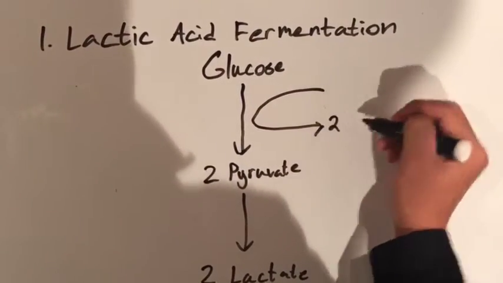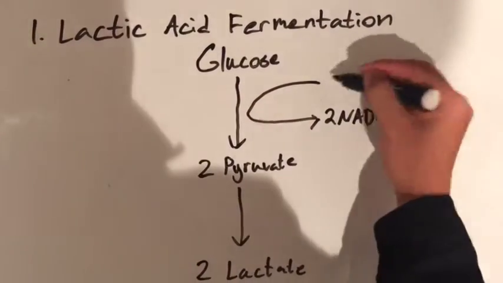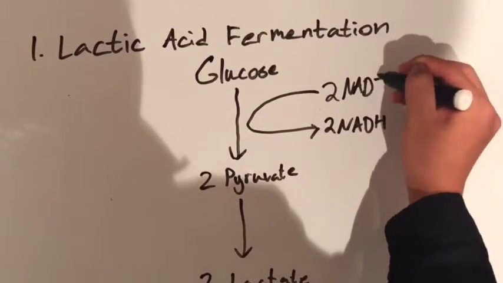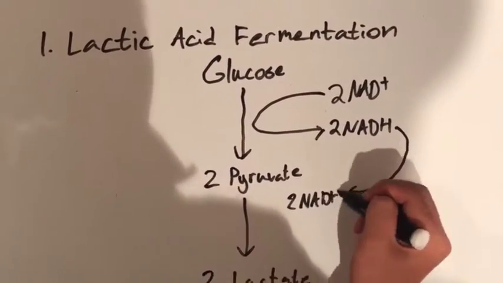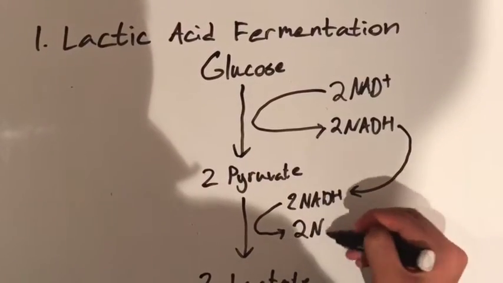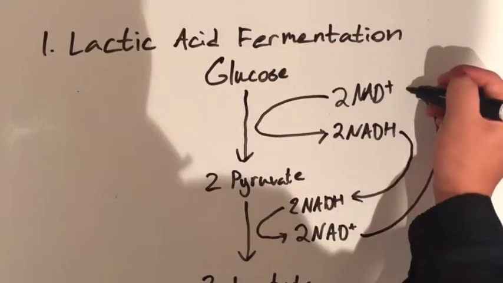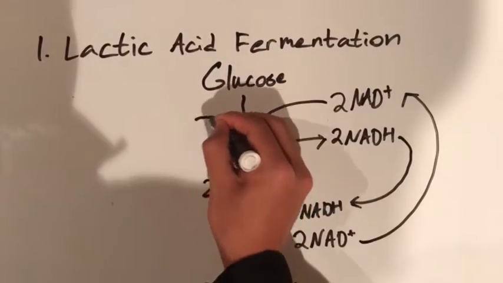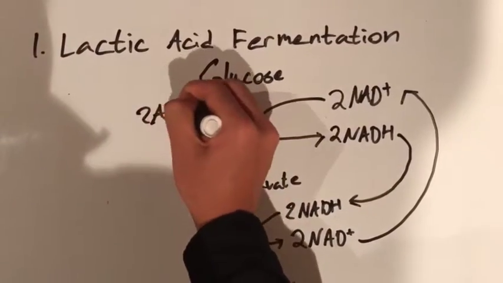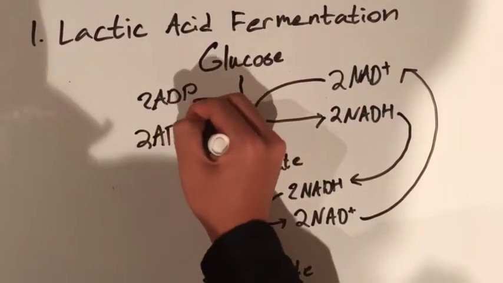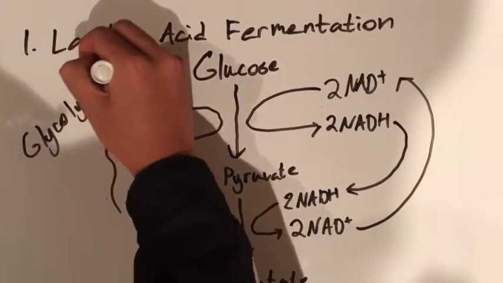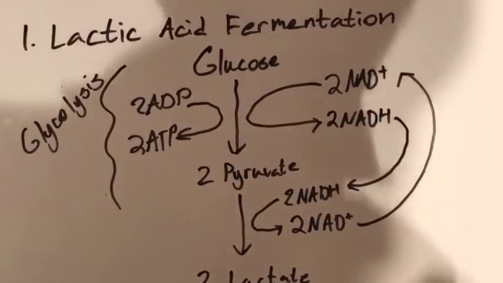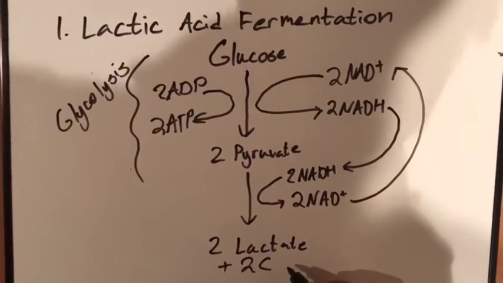Lactic acid fermentation results in lactate, which is the deprotonated form of lactic acid. In this process, NADH transfers its electrons directly to pyruvate. It donates its electron to pyruvate, and in that process, it loses the hydrogen, and that way it can be reused in the process again.